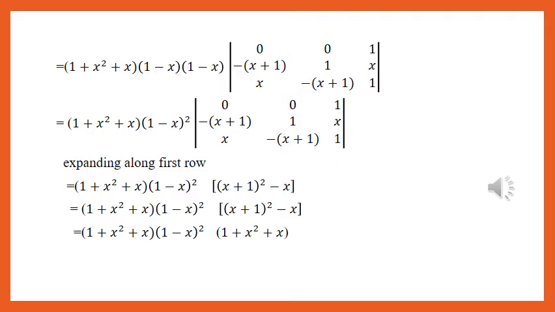Elements of the first row are 0, 0, 1. The effective element is 1 only. Its sign is positive. So the 2 by 2 determinant is −(x + 1), 1, then x, −(x + 1). On expansion it is (x + 1)² − x. Then on simplification, (1 + x + x²)(1 − x) the whole square multiplied by (1 + x + x²).